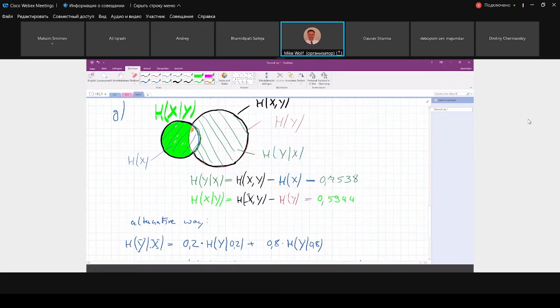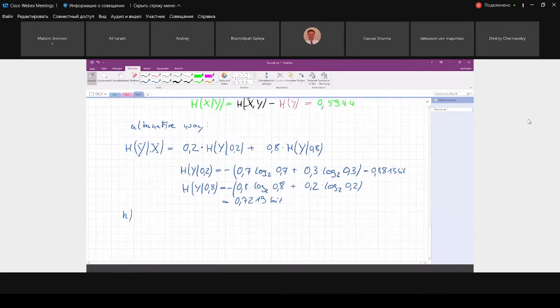This is the information that X contains about Y and Y contains about X. It's the mutual information. We denote this with this I.